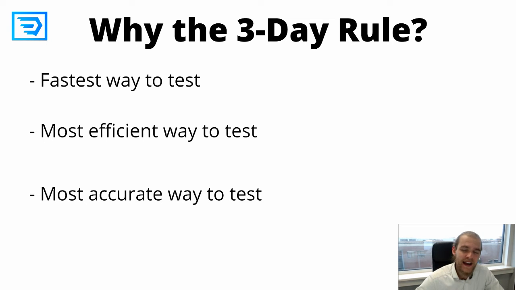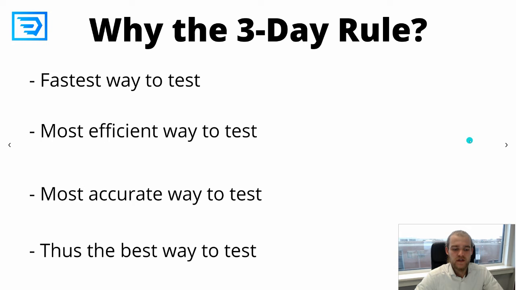So with the 3-day rule, you separate it out over 3 days. And based on those 3 days, you have a clear understanding whether it's working or not. And thus it's the best way to test. It's the fastest way to test, not too fast, but still one of the fastest ways to test. It's the most efficient way to test, and it's the most accurate way to test by far.